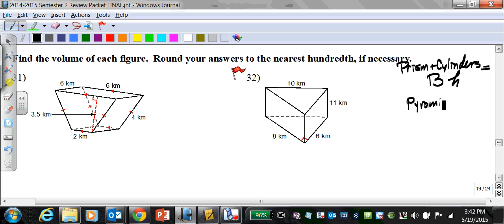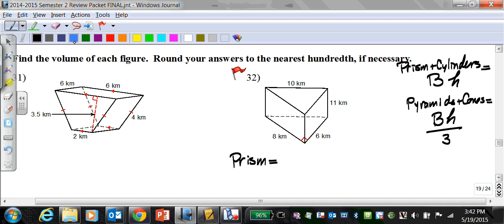For pyramids and cones, because you're coming to a point, that's going to be area of the base times the height over 3. So we want to find the volume. So you start by identifying which one this is. And in 32, we have ourselves a prism.